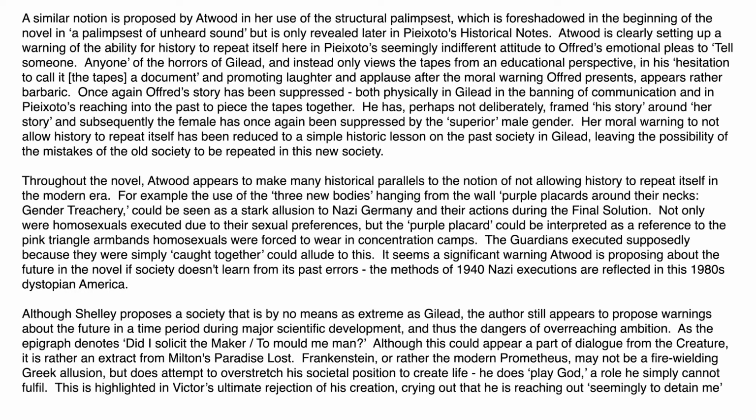Not only were homosexuals executed due to their sexual preference, but the purple placard could be interpreted as a reference to the pink triangle armbands homosexuals were forced to wear in concentration camps. The guardians executed, supposedly because they were simply caught together, could allude to this.